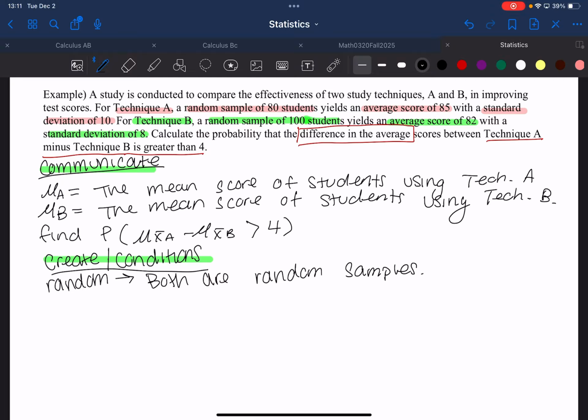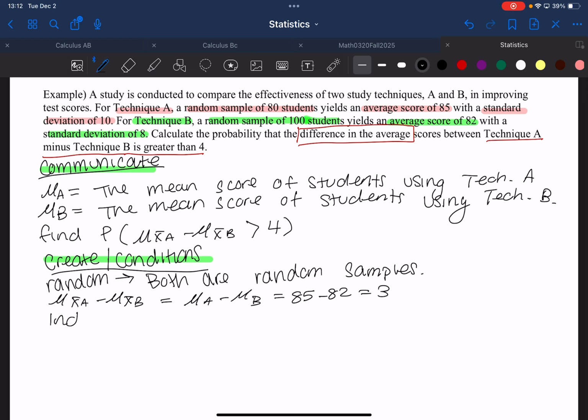Because of this, we can say that mu of x bar A minus x bar B is equal to mu of A minus mu of B, which is, what 2 numbers are we subtracting? 85 minus 82, and that gives us 3. So we just found our new mu value based off of the difference between the two averages. That's important because we're going to use that mu value in our normal distribution on Desmos.